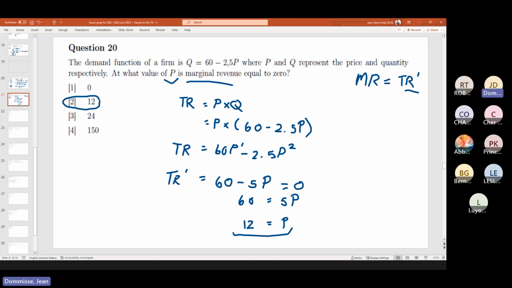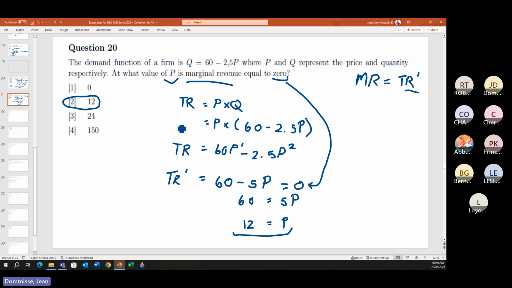So they could have said at what value of P is marginal revenue equal to 60. So instead of putting it equal to 0, you put it equal to 60. So whatever they tell you there, you can replace it in your marginal revenue formula.